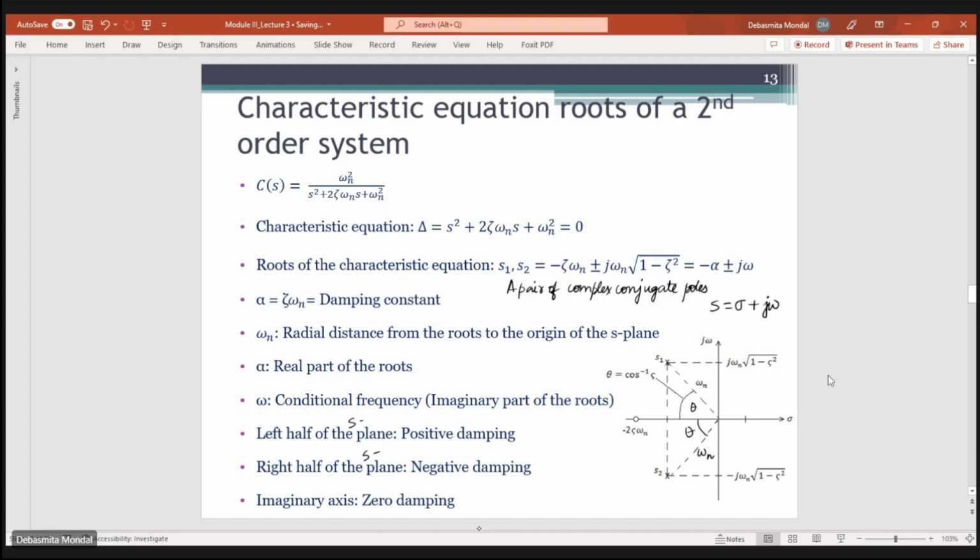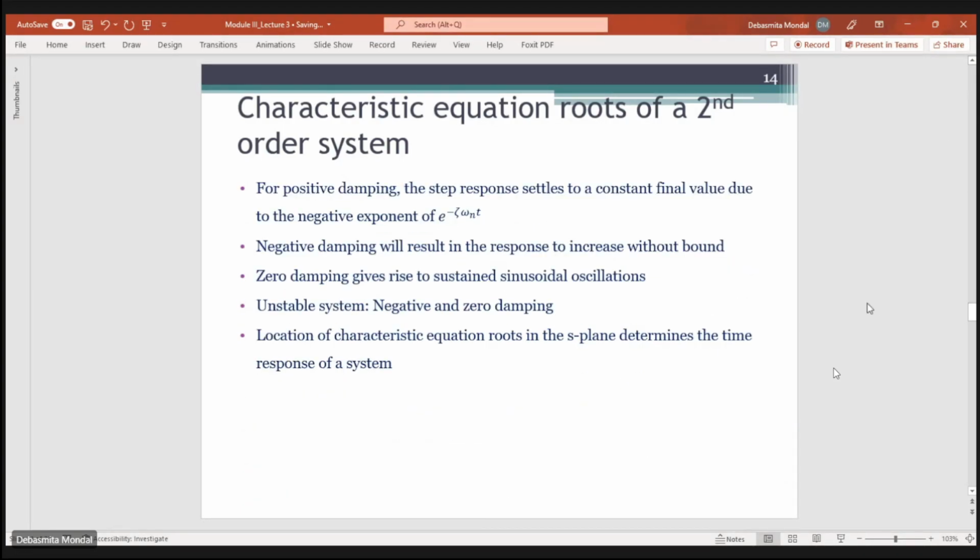And if the poles lie on the imaginary axis, that signifies zero damping, so the value of zeta will be equal to 0. On the left hand side, zeta is greater than 0. Negative damping means zeta is less than 0, and if the poles lie on the imaginary axis, there is zero damping.